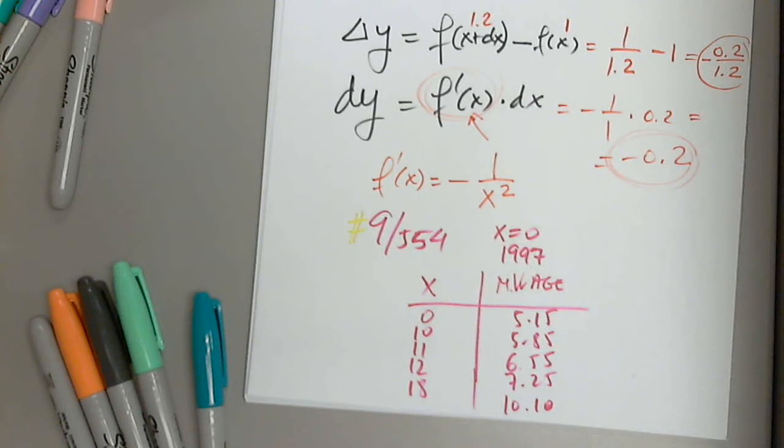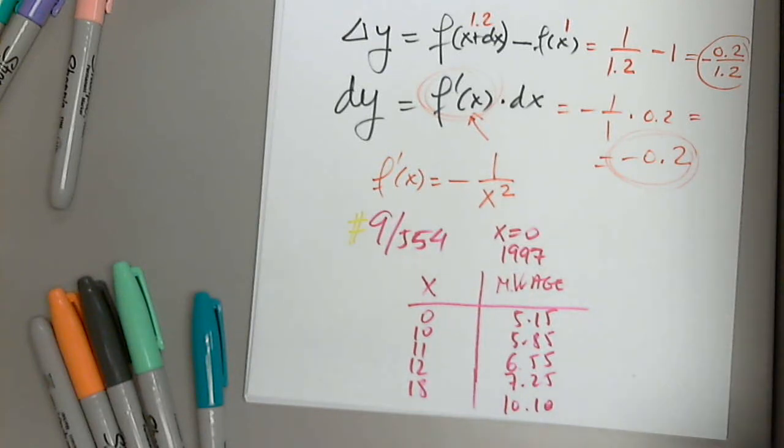So in list L1, please edit. So stat, edit, clear if you have anything. Okay, so let's put the list. So I have 0. You don't have the calculator on.